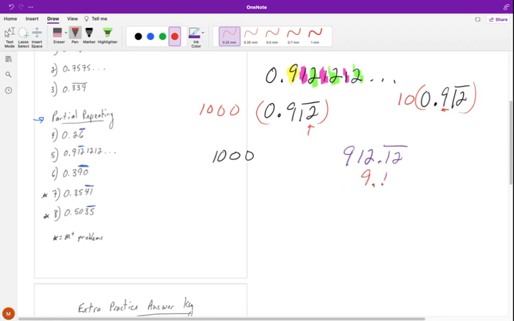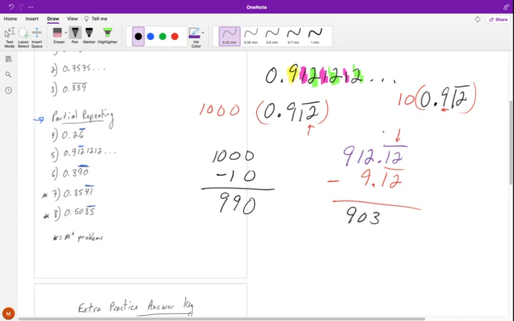So now by doing that, it aligns my repeating decimals up perfectly. But the thing that you have to remember is now we're not subtracting 1, but we're subtracting 10. So this is actually 990, and this is going to give me 903 because these all eliminate. And then I create the fraction 903 over 990.